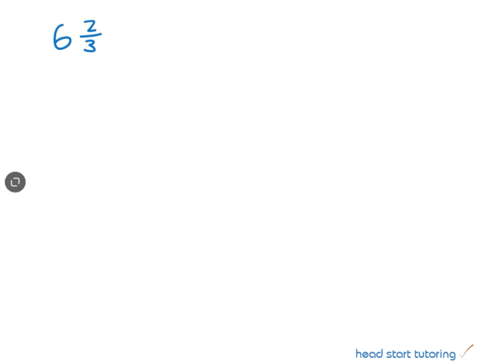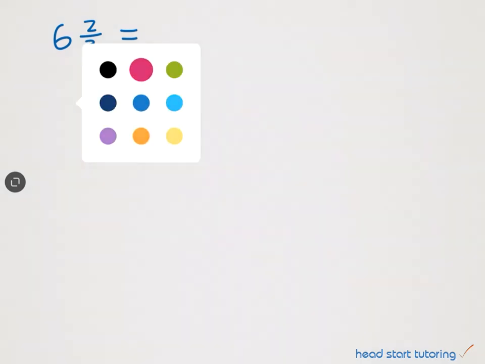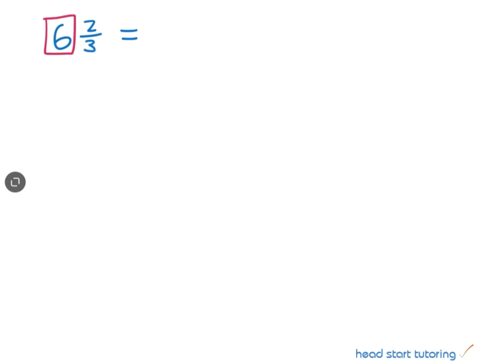6 and 2 over 3 is a mixed number. So if we would like to see what 6 and 2/3 is equal to as an improper fraction, what we need to do is multiply our whole number by the denominator, and once we've got the answer to that, we add the numerator, and that will give us our new numerator.